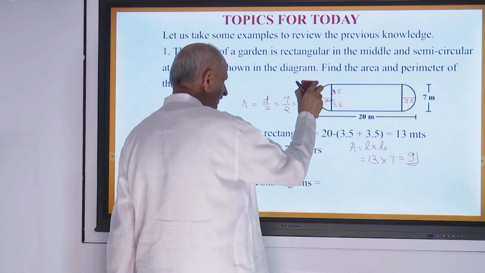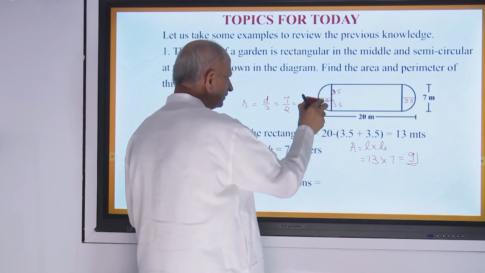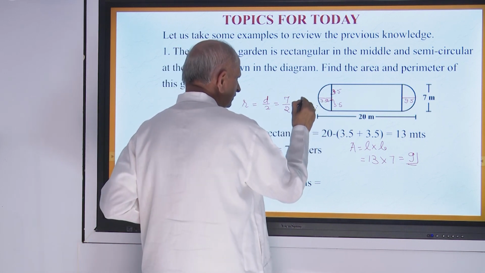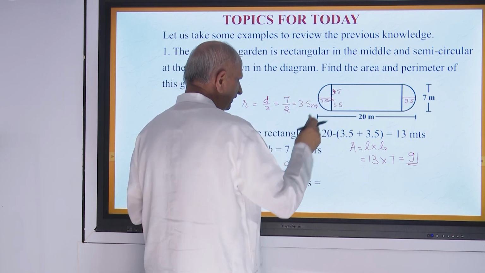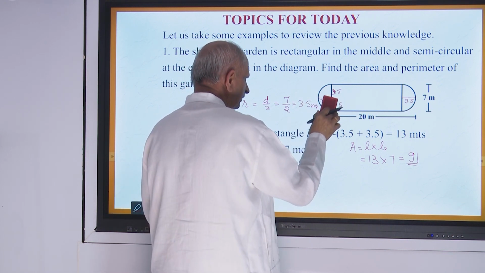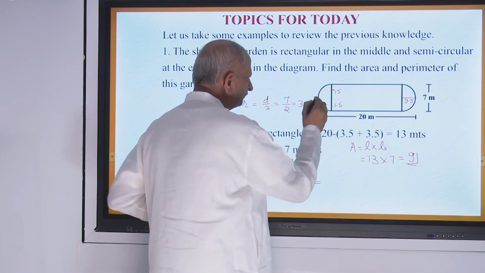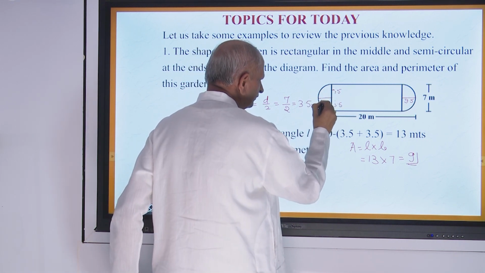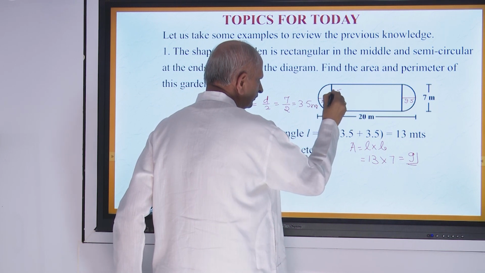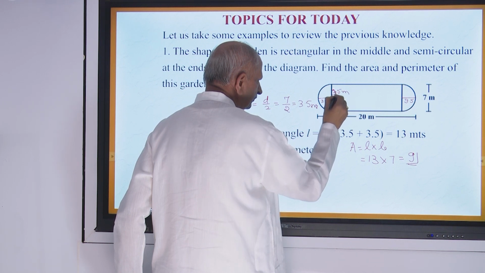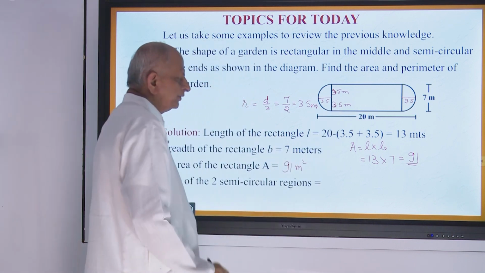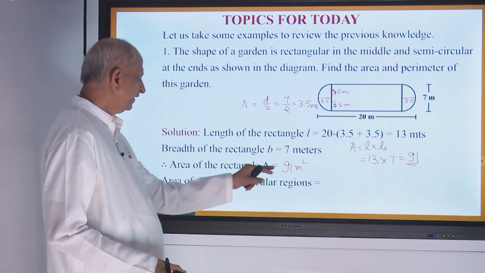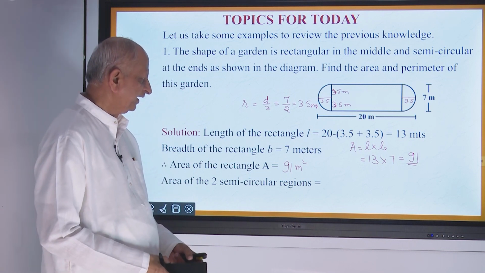A garden will not be in centimeters, correct? So 3.5 meters, this is also in meters, okay? Super. So 91 square meters is the area of the rectangle.